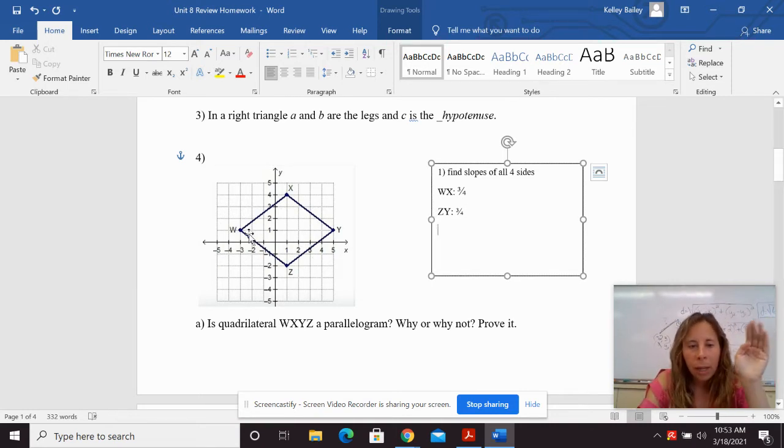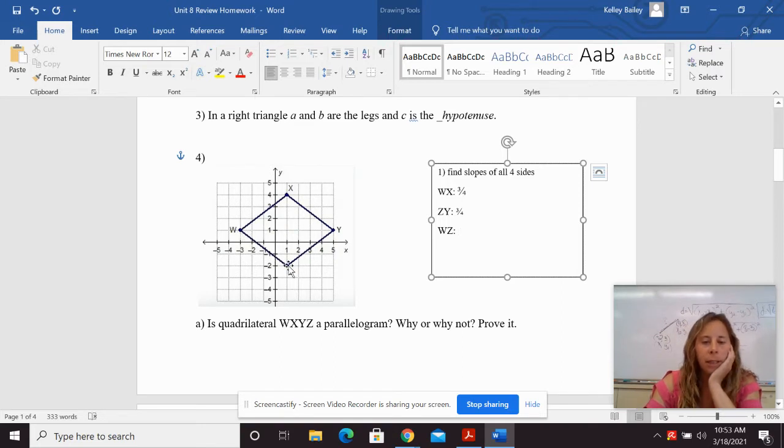We're not done. Now we have to figure out the slope of WZ. So what's the slope of WZ? This line right here. Well, it's slanted down, so it's going to be negative. We're going down 1, 2, 3. Down 3.